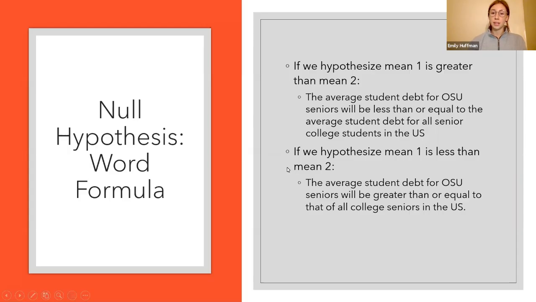And if we hypothesize that mean 1 is less than mean 2, we are going to want to say the opposite also. So the average student debt for OSU seniors will be greater than or equal to that of all college seniors in the United States. And for the example that we are doing, this will be our proper written hypothesis for the null hypothesis.